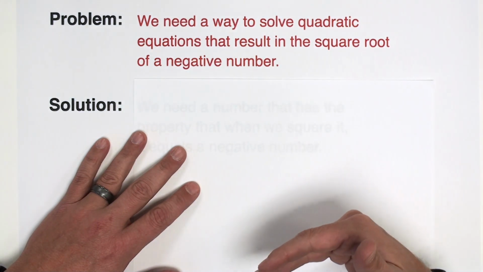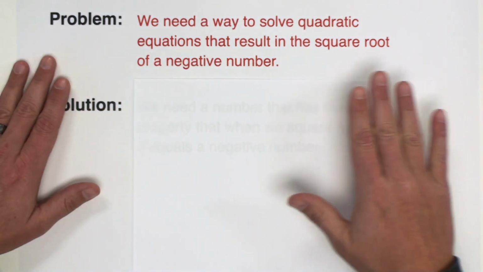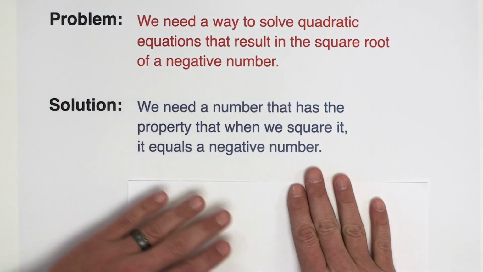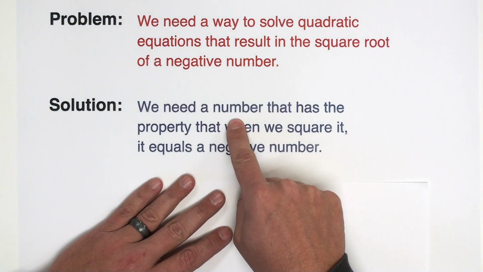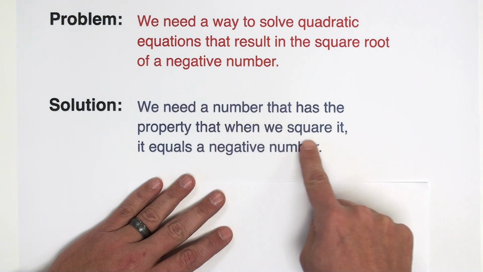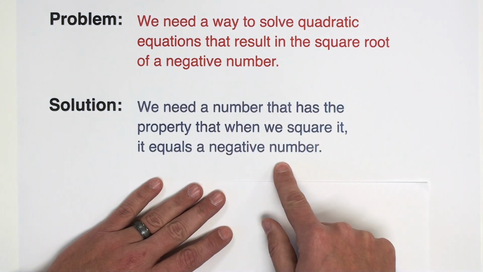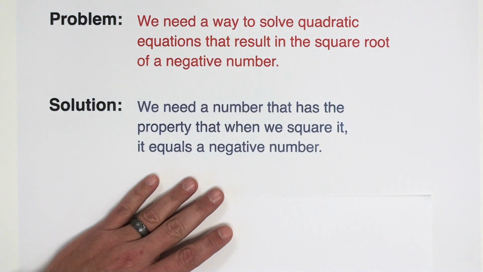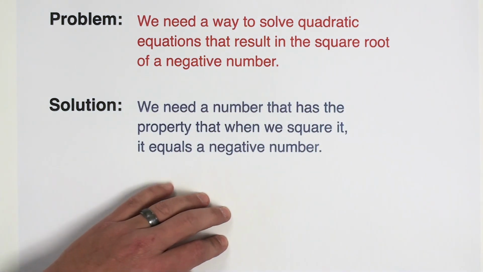So what is the solution that we're looking for? Well, we are going to need a number that has the property that when we square it, it equals a negative number. And so far to date, we don't have a number that does that.